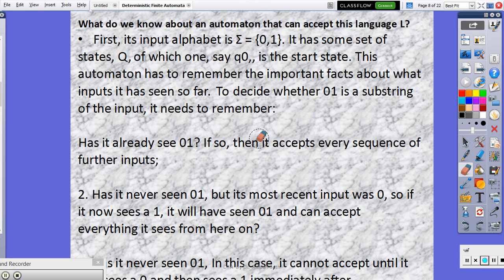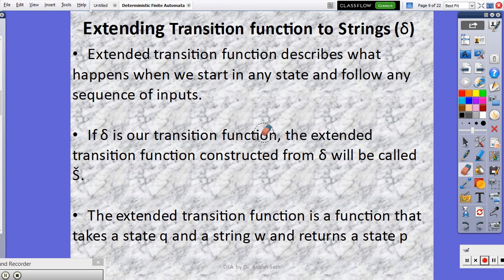The more examples we discuss, the easier it will be for you to understand. Then we have the extended transition function to strings. The extended transition function basically describes what happens when you start in any state and follow any sequence of inputs.